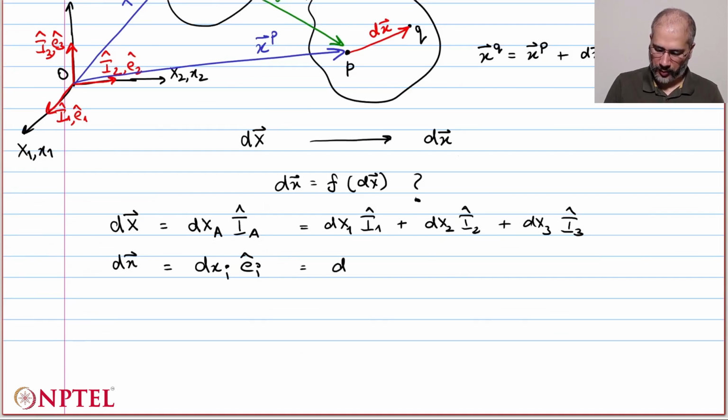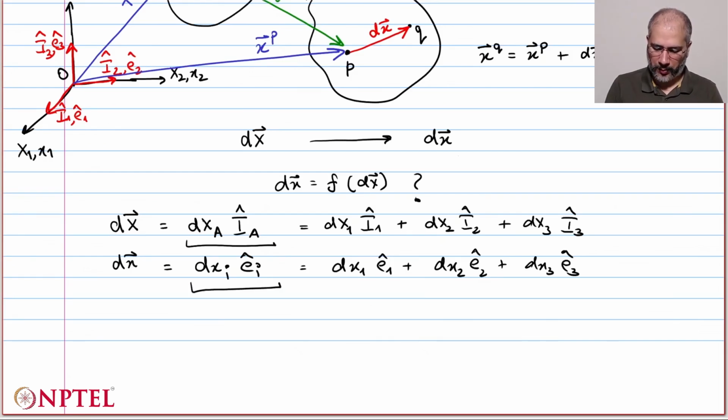So this can be expanded to this. Now please note that although it may be confusing that we are using capital indices and small indices in these two different cases, the indices A and I, they take values 1, 2, and 3. So although A represents indices in the material coordinate system and I represents indices in the spatial coordinate system, they both will take the values 1, 2, and 3 only.